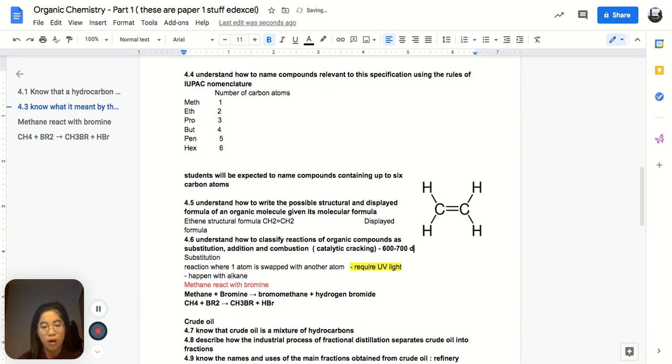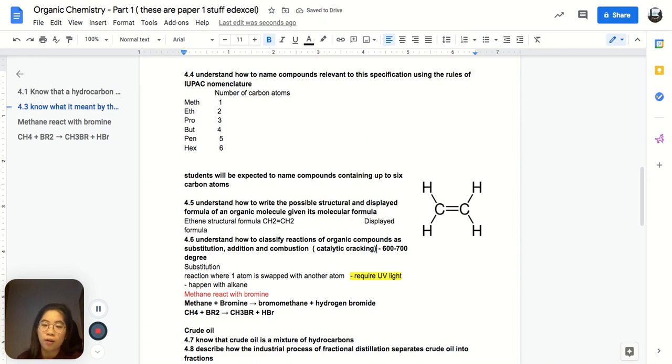And they would always love to ask you for the enzyme for this. And in the spec they would tell you to use silica or alumina. I don't like that. There's one that you always get right. It's Al2O3, that is basically aluminium oxide. Al2O3. You just gotta remember this as the enzyme, then you will be fine.